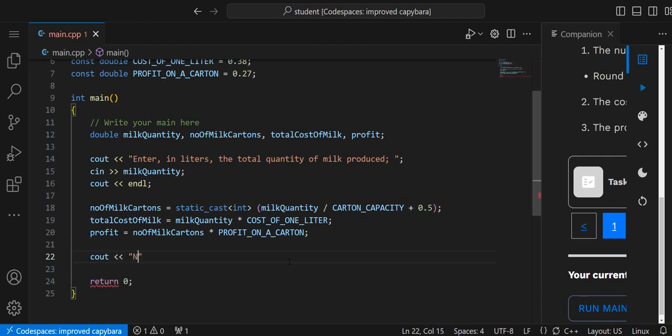Let's do number of milk cartons needed to hold milk.